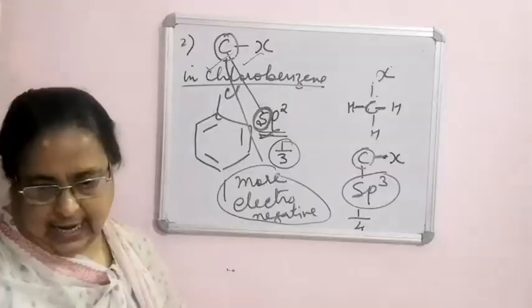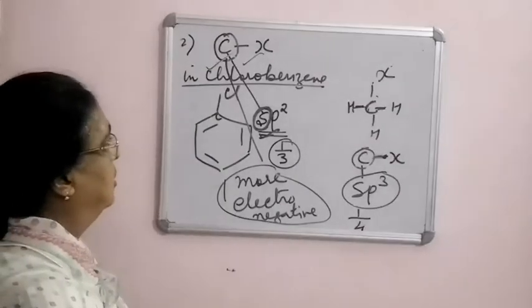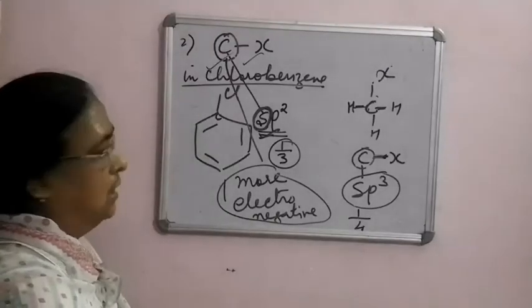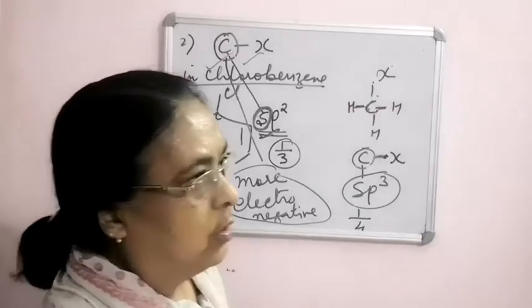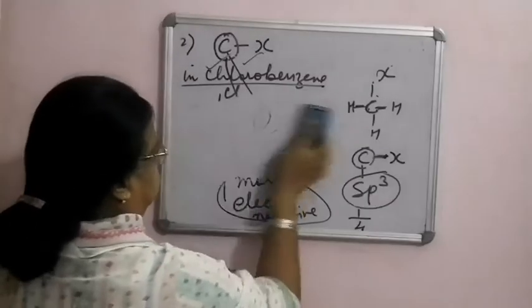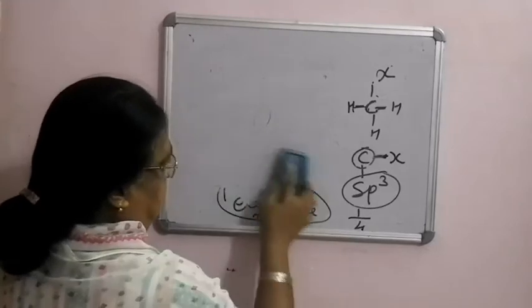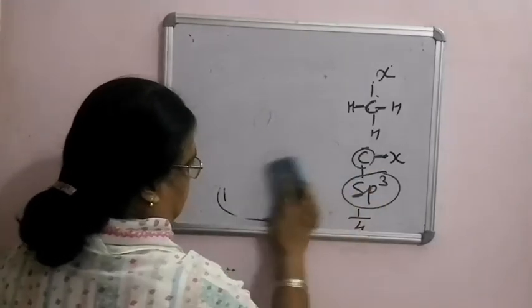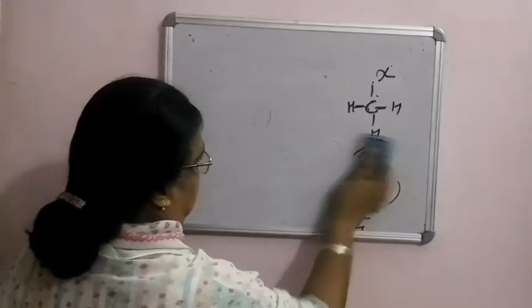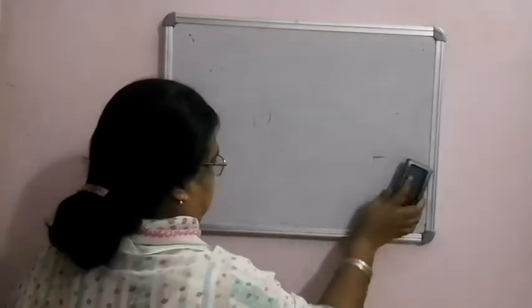Because of the high electronegativity of the carbon-halogen bond in chlorobenzene, the reactivity of chlorobenzene is reduced in comparison to alkyl halide, in which the carbon-halogen bond is not so electronegative due to its sp3 hybridized state.